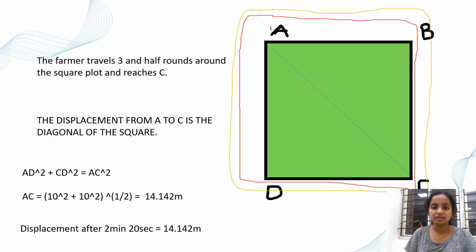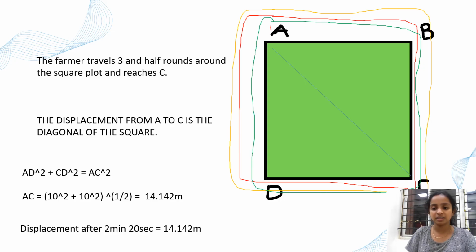Then 3 rounds plus a half, right? So third round, the farmer is traveling and he reaches here. Now the third round is over. Next is a half round. That is, if the farmer is starting from here, he travels along this way and he only reaches till half. That is, till C he reached. Then he stopped. That means 3.5.